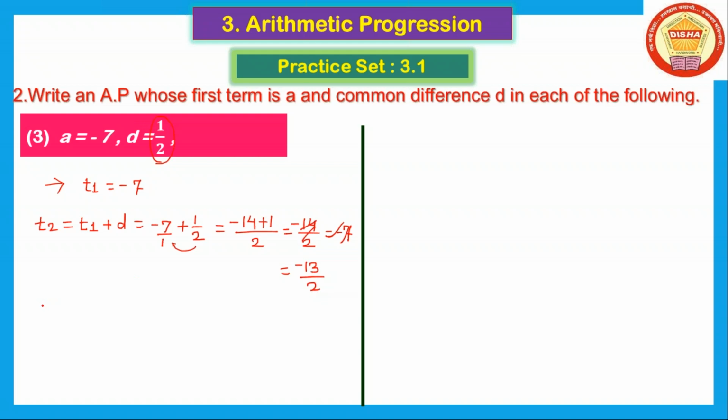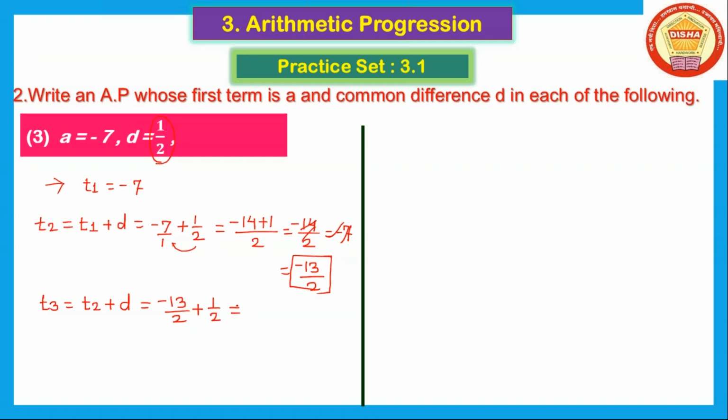Then we find T3 is equal to T2 plus D. Second term, we find it here, which is equal to negative 13 upon 2. Okay. T3 is equal to negative 13 upon 2 plus common difference 1 upon 2.